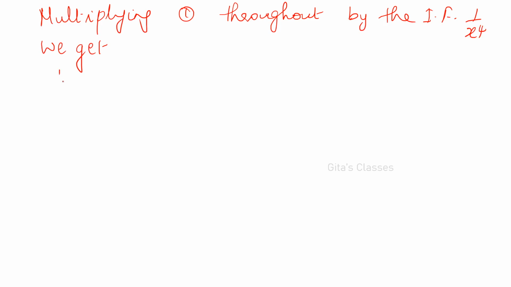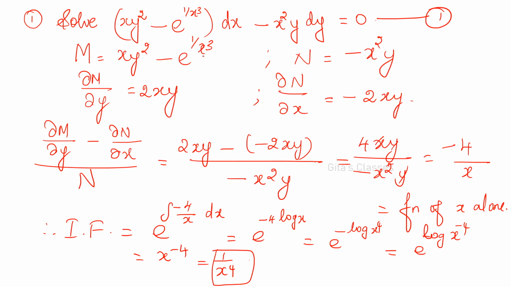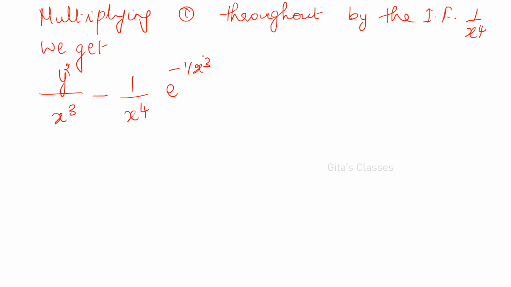So y squared by x cube minus 1 by x power 4 into e power minus 1 by x cube, e power 1 by x cube into dx minus y by x squared into dy is equal to 0, which is exact.